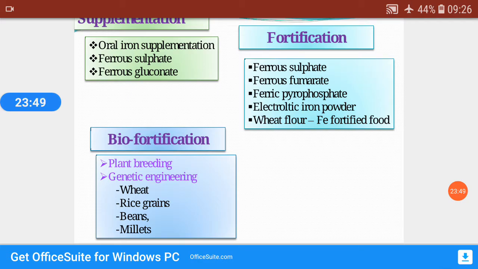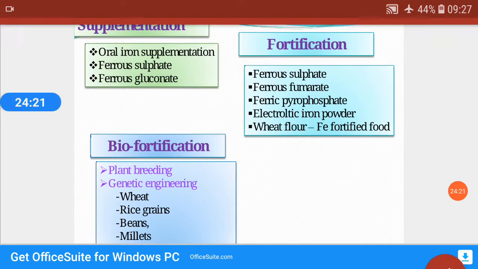And they have successfully modified, based on the research articles, we can come to know that they have modified the plant breeding or the genetic modification in case of wheats, rice grains, beans, and different types of millets also, wherein they increase the iron content from around 25 to 56 milligrams per kg of these sample materials.